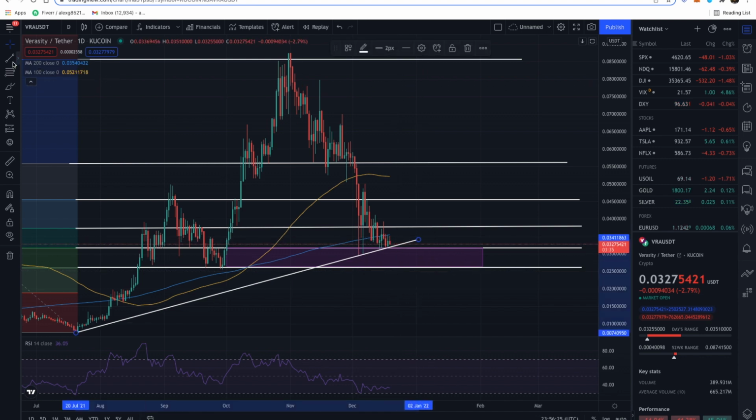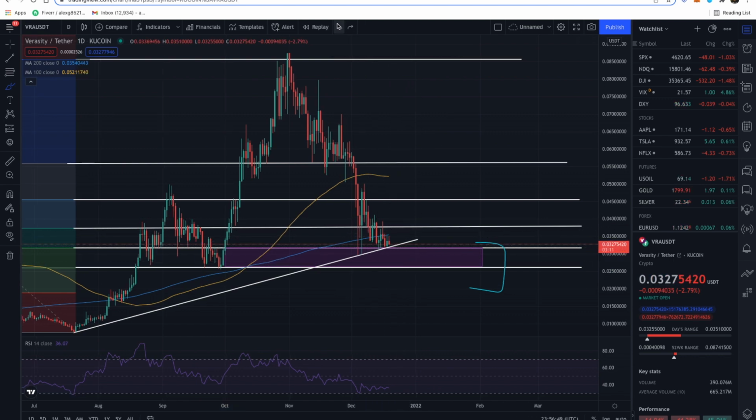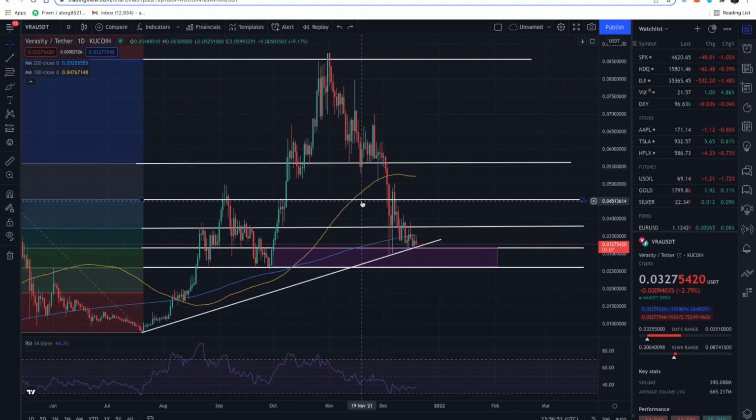Now this support zone is going to be crucial. We could fall and play between this, but we do not want to break below this. If we break below this, our bullish structure is completely broken in terms of the trend, and this trend line will be broken completely along with the trend from this lower low. So we want to watch the support zone carefully, but right now we do have a nice bullish structure going for VRA, and this bounce is looking pretty healthy at the moment.